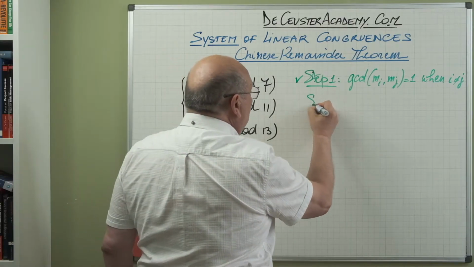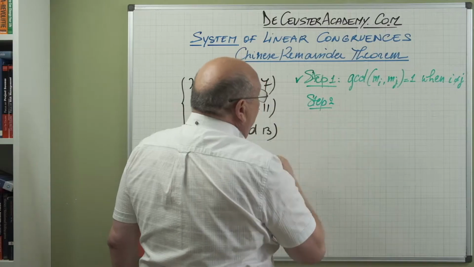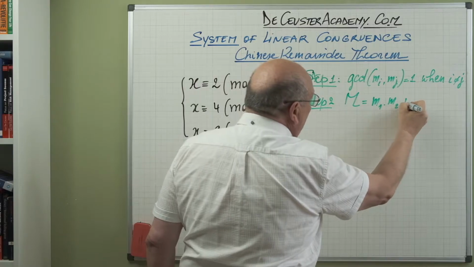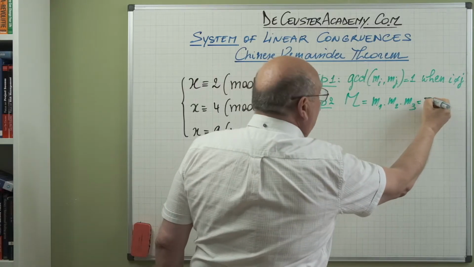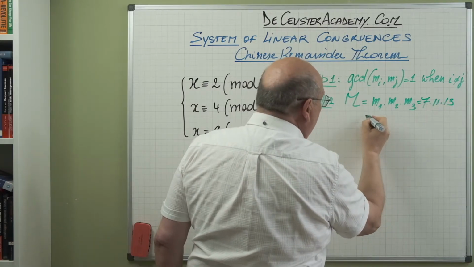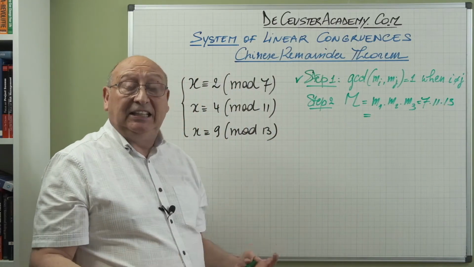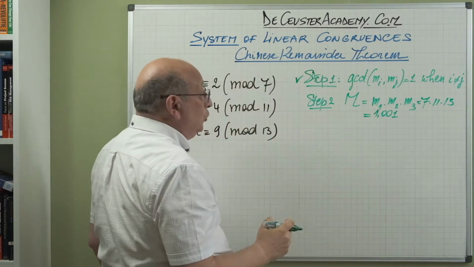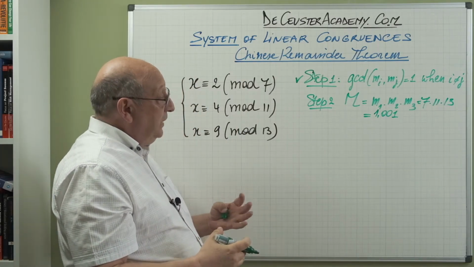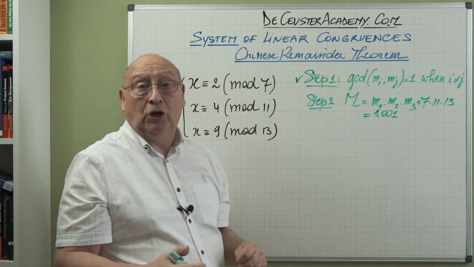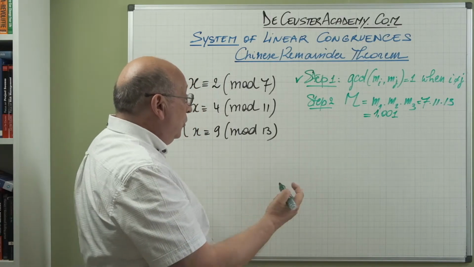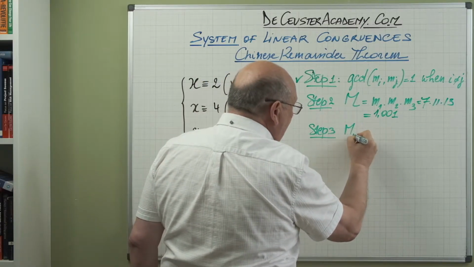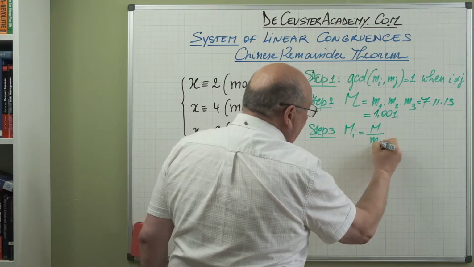The second step, step 2, we have to find the modulus m, which is m1 times m2 times m3, which is in fact 7 times 11 times 13. And when you calculate this, this will be equal to 1001. So the solution we will find, x, will be equivalent modulus 1001. The next step 3 is finding the big Mi, which is m divided by mi.